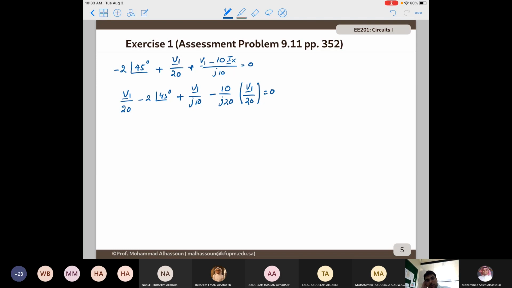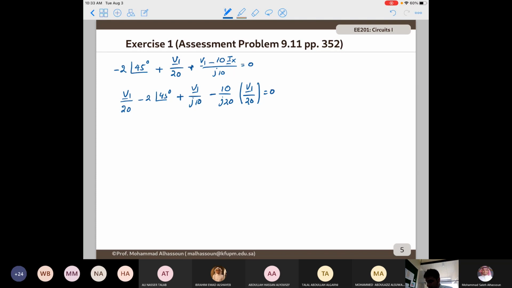Okay, Ali, question? No, doctor. Okay. So you can solve for V1. I'm not going to spend time on solving for V1. This is going to be straightforward. All you need to do is solve one equation, so you don't need to invert any matrix.